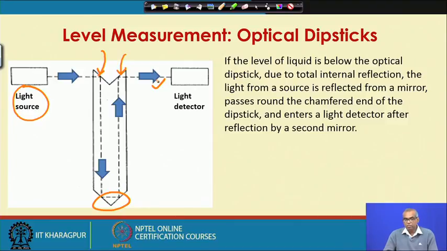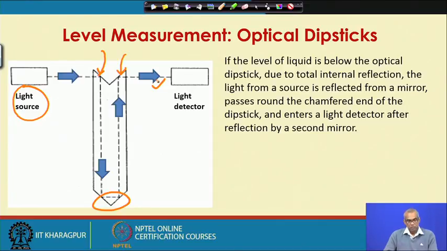So, if the liquid level is below the optical dipstick, due to total internal reflection, the light from a source is reflected from a mirror, passes round the chamfered end of the dipstick and enters a light detector after reflection by a second mirror.